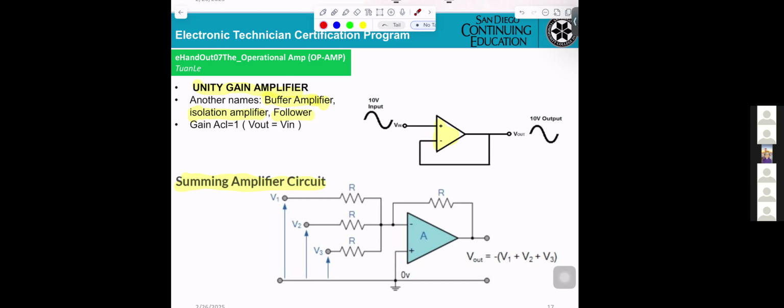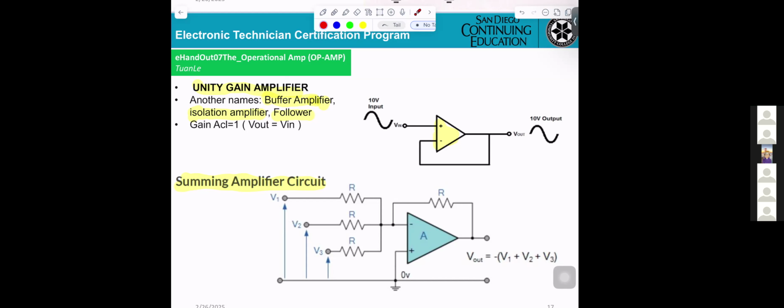Okay? And they get different names. They can be called a unity gain amplifier, a buffer amplifier, or the isolation amplifier, or they can be a follower. Okay? Make sure you get along with the different names.